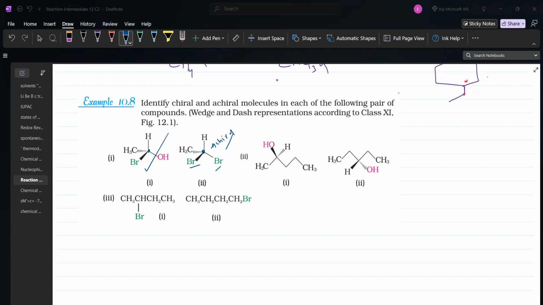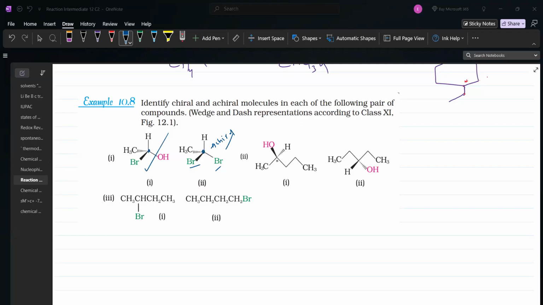Understood? Yes, sir. The thing we have to see here is not wedge and dash; that is for representation only. We have to see that the carbon should not have the same group on it.